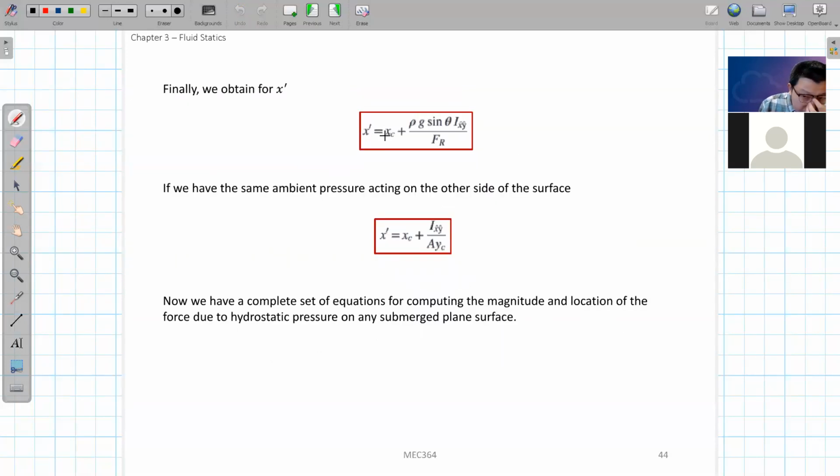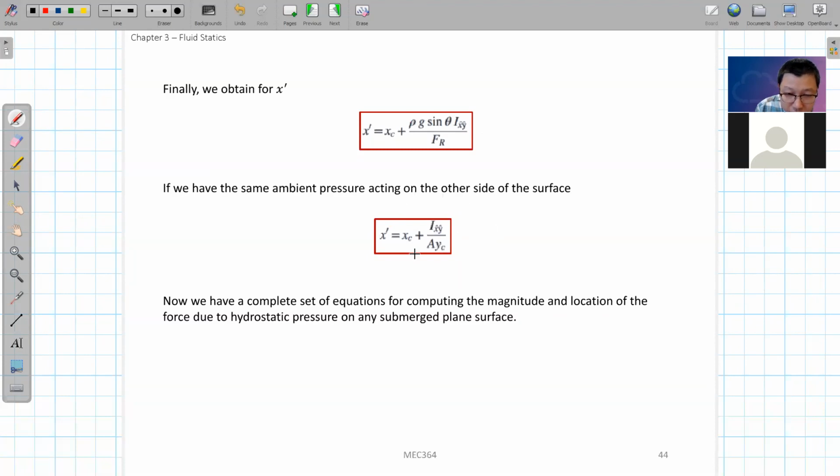So x prime will be equal to x of c plus rho g sin theta I of x y hat divided by F of R. This F of R is the magnitude of the resultant pressure force. And this is the case when the other side of the plate does not have 1 atmospheric pressure. If the other side also has 1 atmospheric pressure, then this correlation reduces to this form.